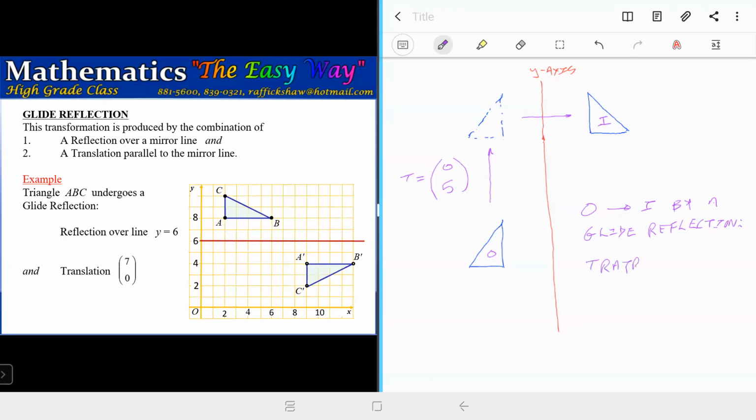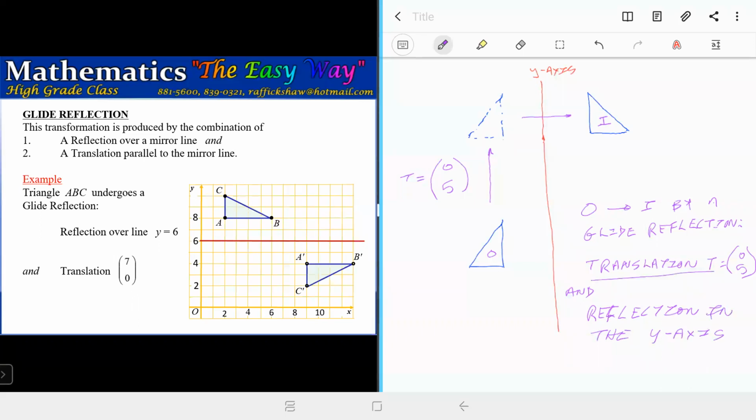Translation: T equals (0, 5). That means 5 units upwards, and a reflection in the y-axis. That will be my description.